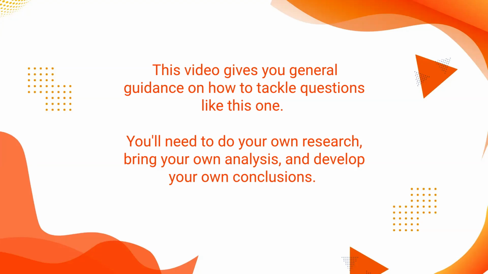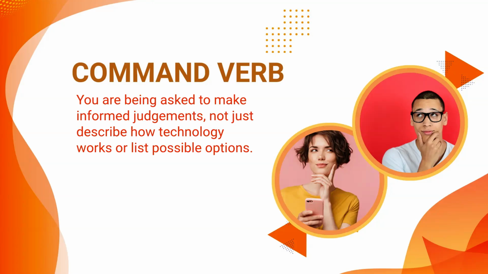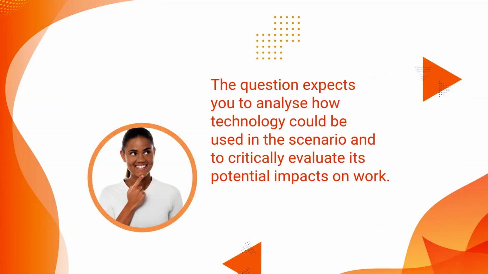First up, let's talk about understanding the question. You'll want to start by spotting the command verb, in this case, assess. That means you're being asked to make informed judgments, not just describe how technology works or list possible options. The question expects you to analyse how technology could be used in the scenario and to critically evaluate its potential impacts on work.